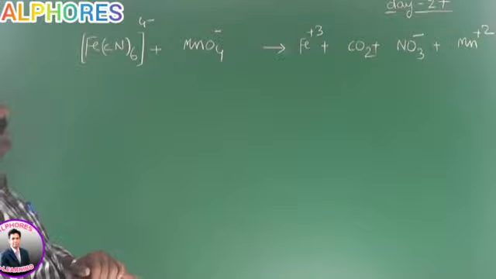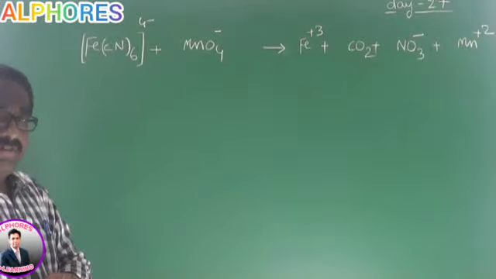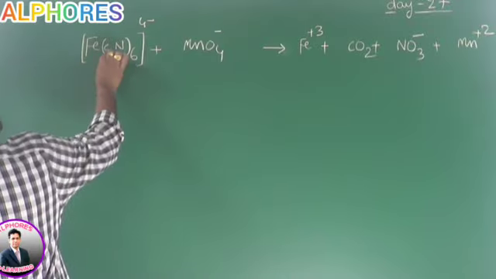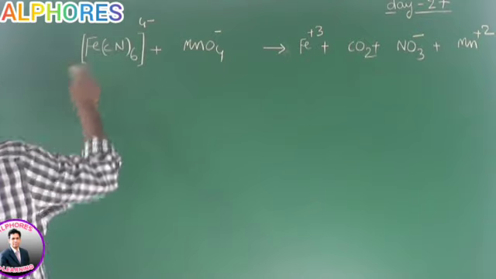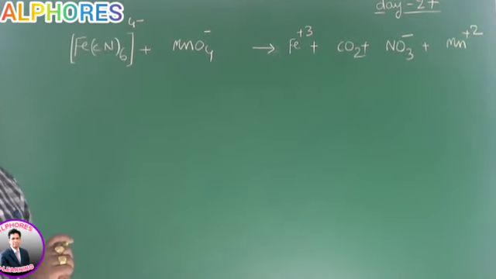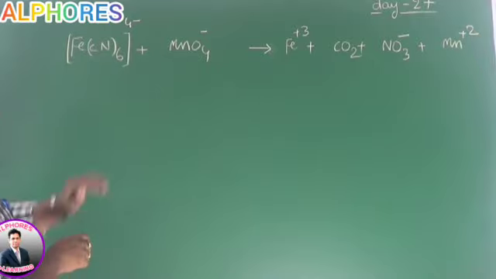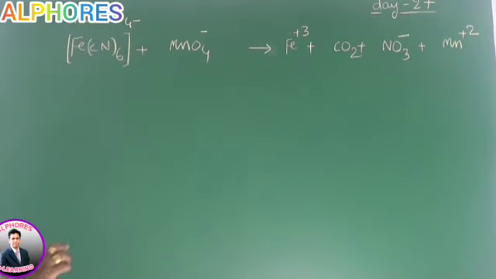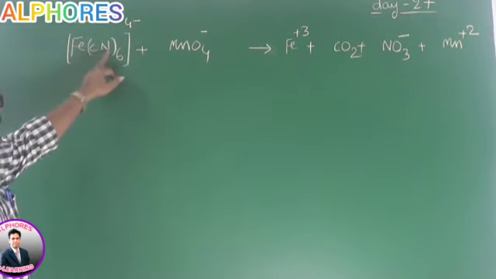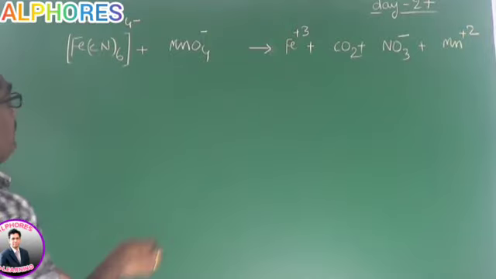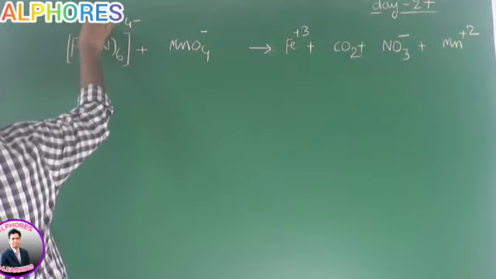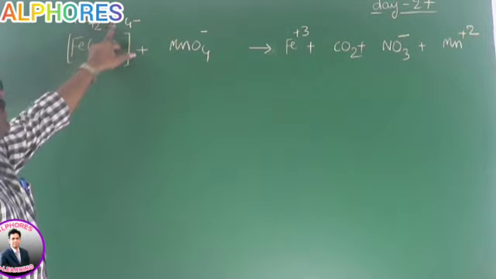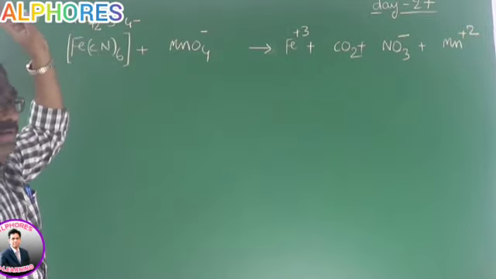Now let me balance this reaction first. Please follow carefully. This is cyanide ion. For each cyanide ion you can take -1, so -6 equal to -4, so the iron oxidation state here is +2. For carbon and nitrogen, I am writing CN minus: nitrogen -3, carbon +2, total -1 charge on the cyanide ion.